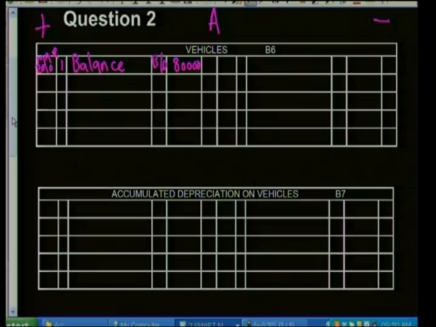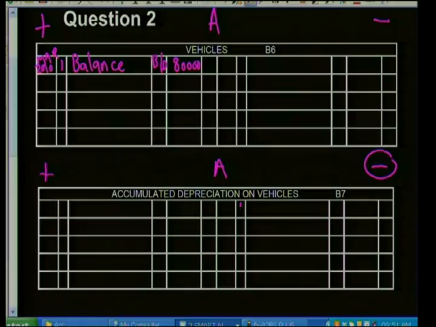Accumulated depreciation on vehicles is obviously an asset, but remember, it is what we call a negative asset. A negative asset simply means that it decreases the value of the asset. So the opening balance is going to go onto the credit side. So on the credit side, on the 1st of March 2010, again, we are bringing down a balance.